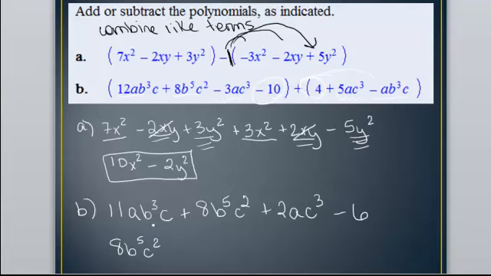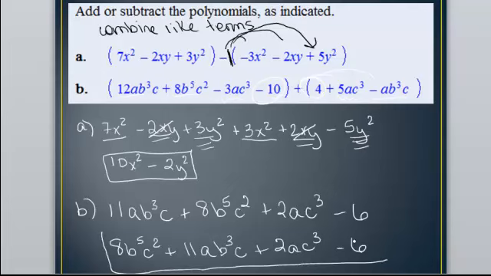That was degree 7. This would be degree 5, so a positive 11ab cubed c, and then degree 4, and then degree 0, plus 2ac cubed minus 6. It's a really big, ugly answer, but that is the answer.